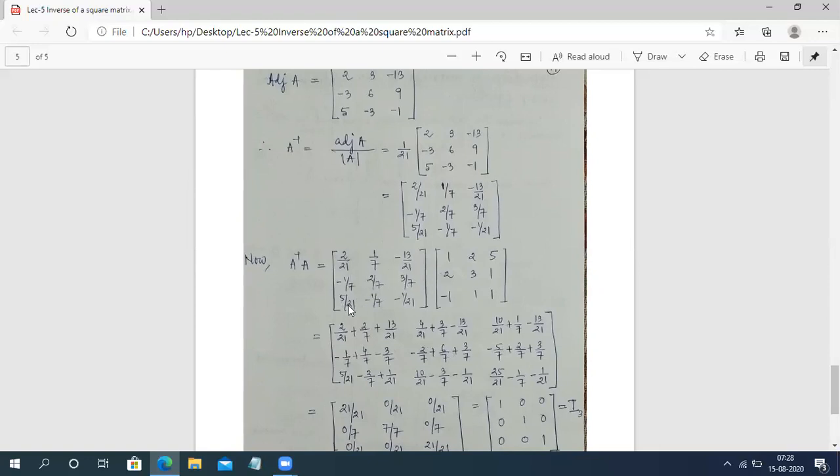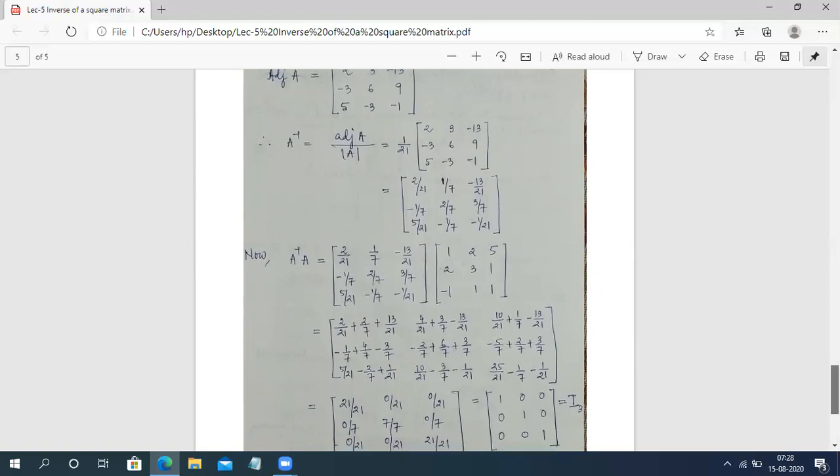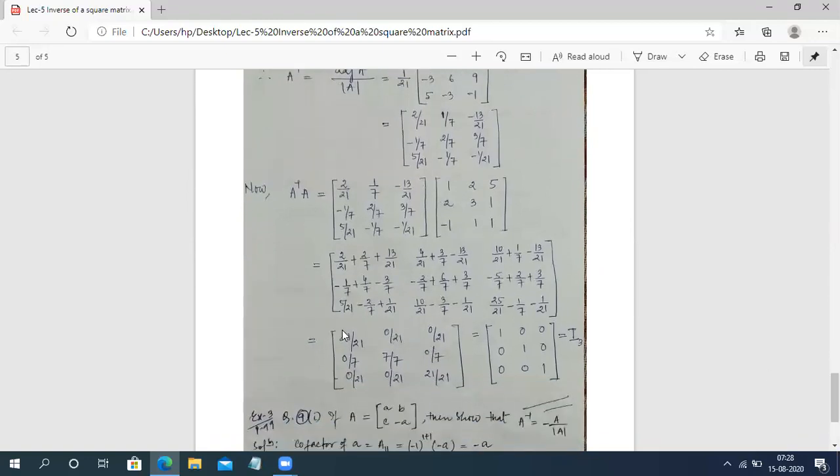Now come to the third row. The third row with the first column will give the first element. The third row with the second column will give the second element. The third row with the third column will give the third element. And it will give the value like this: 21 by 21, 0 by 21, 0 by 21, and so on.